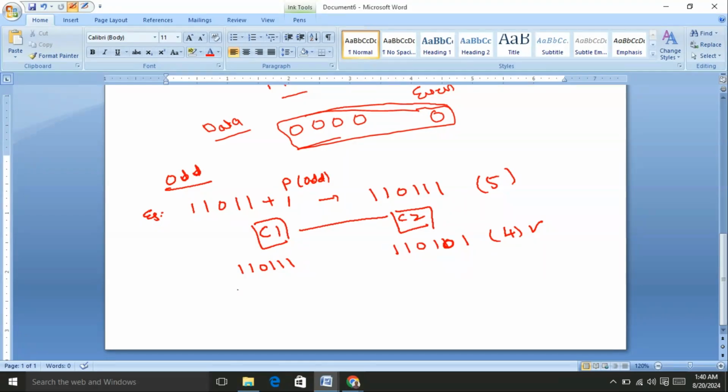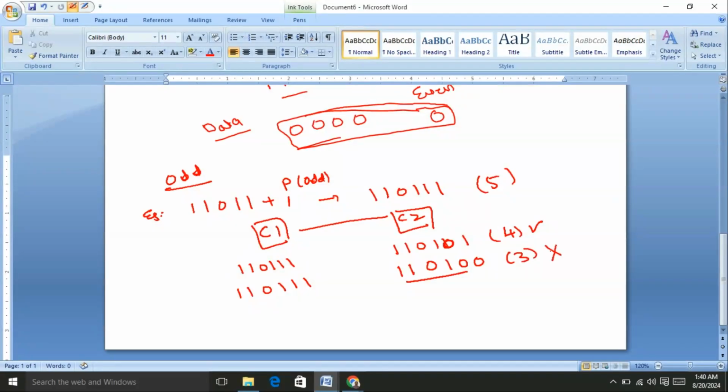Again, let us consider 110111, and suppose two bits change, giving 110001. Now the total number of ones in the received information is odd, that is 3.